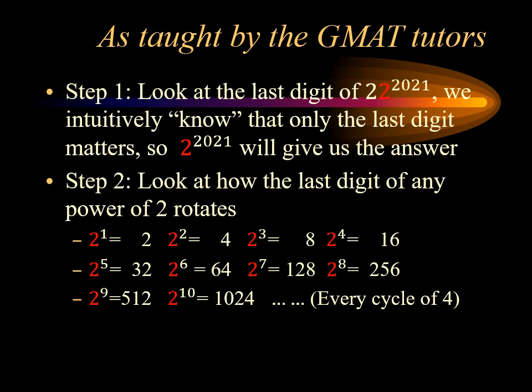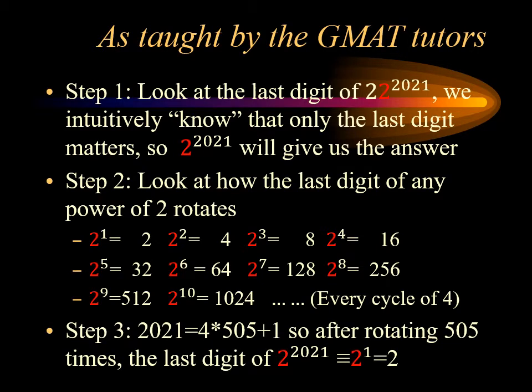Now let's look at how many cycles of 4 are in the power 2021. There are 505 fours in it, which means you have 505 cycles, which does nothing to the last digit.